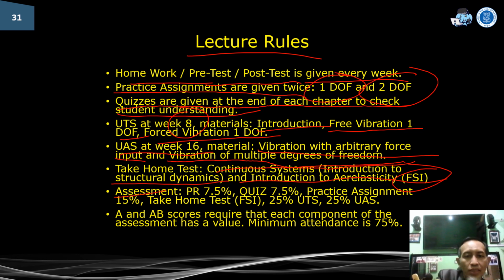Assessment: homeworks, the weight is about 7.5%, and then quiz about 7.5%, practice assignment 15%, take-home test or fluid structure interaction 25%, and then 25% is UTS, and 25% is UAS.